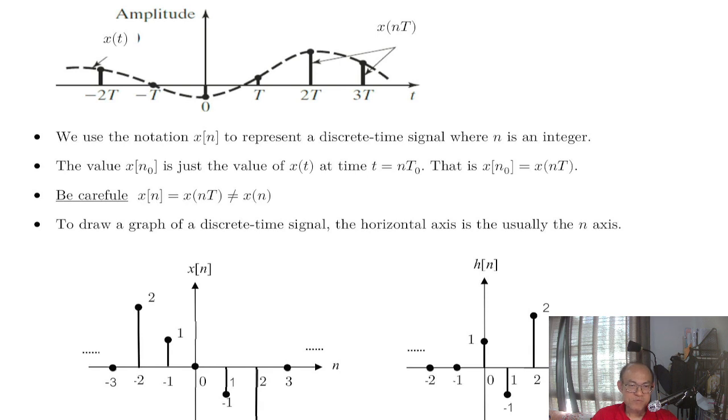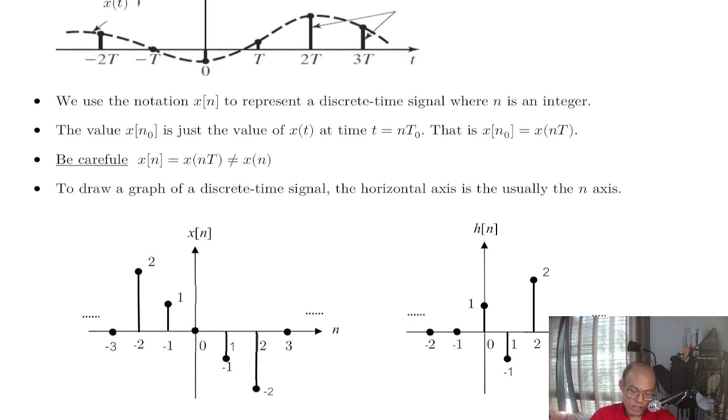N of 0 comes before n of 1, n of minus 1 comes before n of 0. So n here represents the order of the sample. Now, x of n0 is just the value of x of t at time t equal to nT0. And you have to be careful that x at order n is not equal to x at time n.